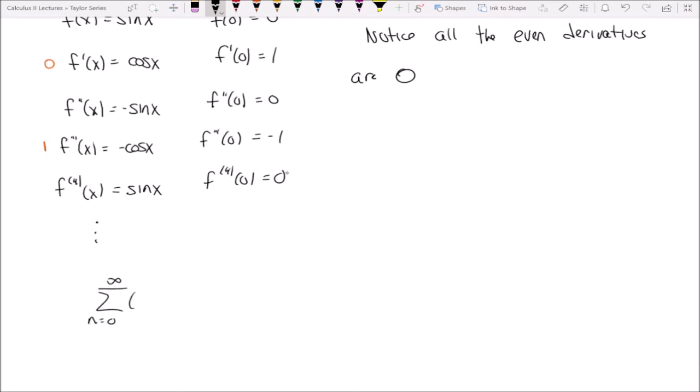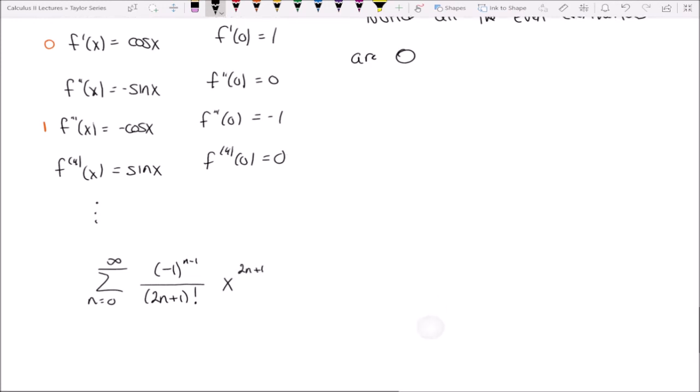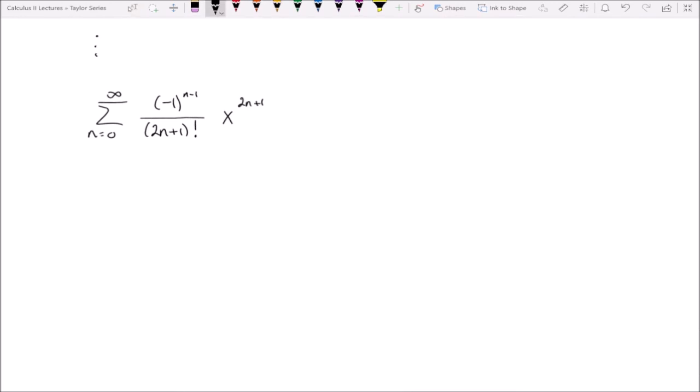Then what we get, negative 1 to the n minus 1, right? Because notice it's all the even will be positive, all of the odd will be negative. And again, I wanted to write it this way, over the quantity of 2n plus 1 factorial times x to the 2n plus 1. Now we just need to find the interval of convergence.